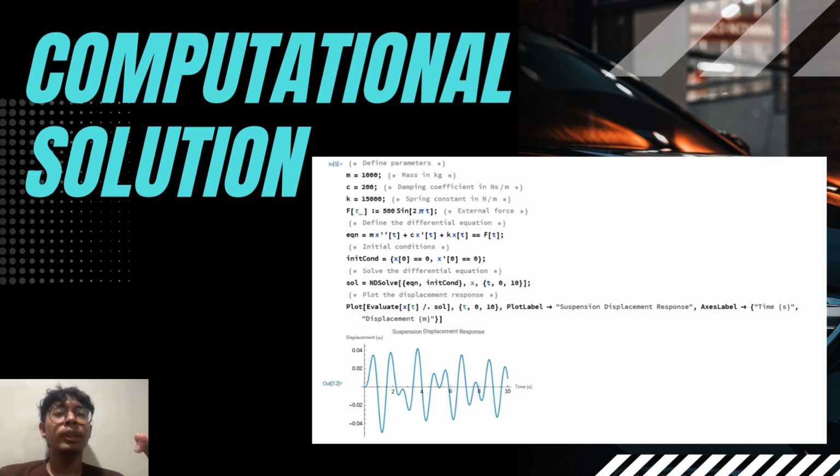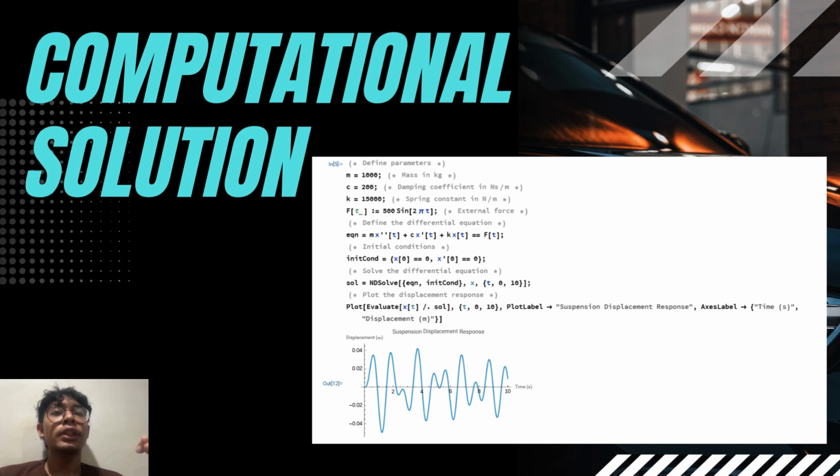So the steps in Mathematica. First of all, defining parameters: define m, c, k, and F(t). You can see it on the slide. Next is setting up the differential equation, and then defining initial conditions: initial displacement and velocity are 0.